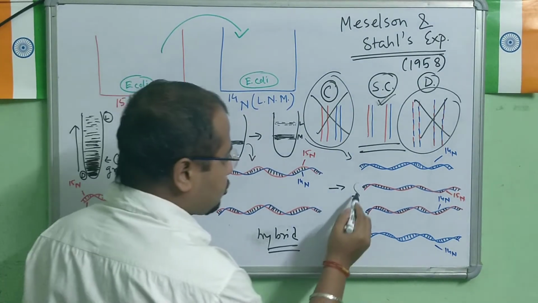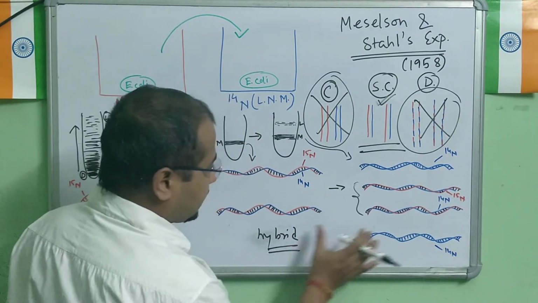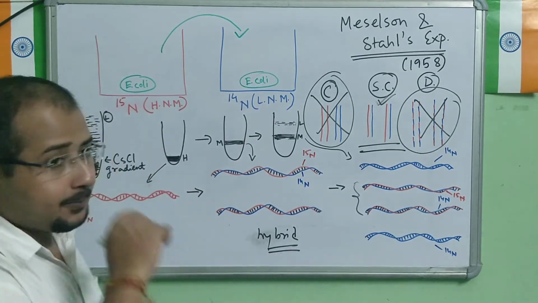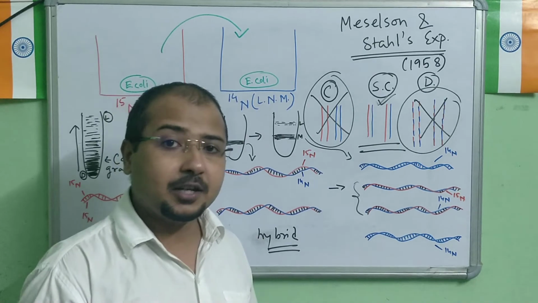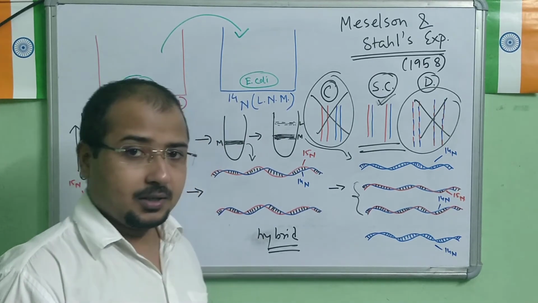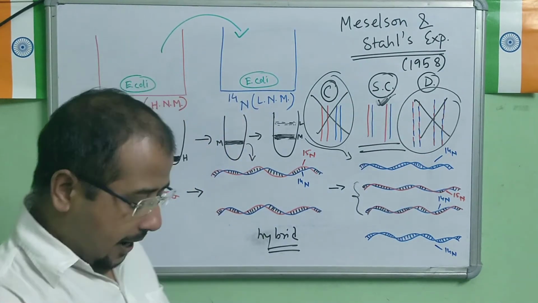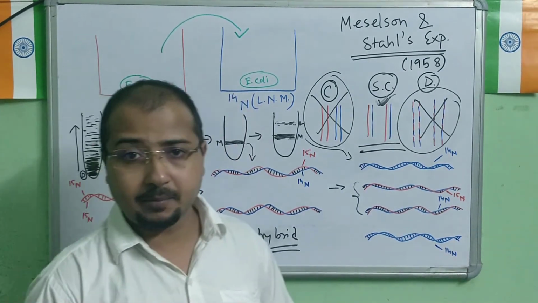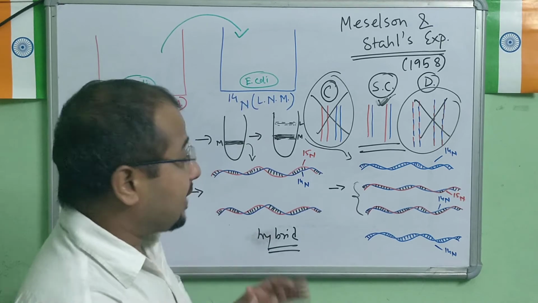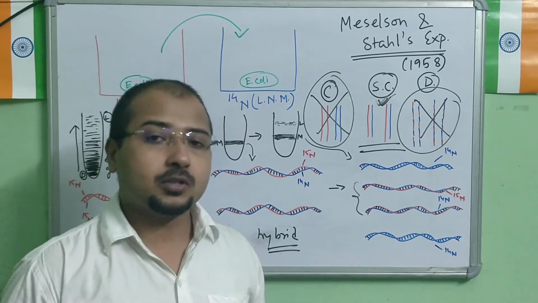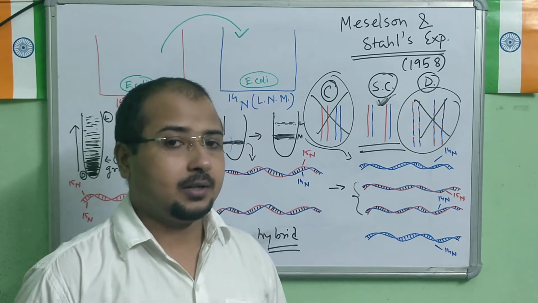Okay. So this is what it shows that at both the generation I see the hybrid conditions. Okay, so this proves that DNA is a semi-conservative mode of replication. Okay, so this is the finally accepted. So after Meselson and Stahl's experiment, the debate is concluded that yes, DNA undergoes a semi-conservative mode of replication.